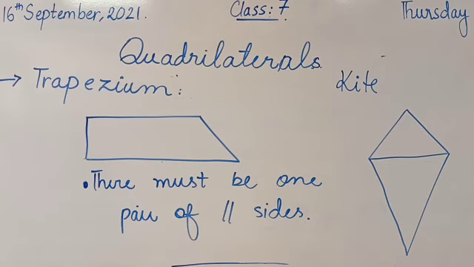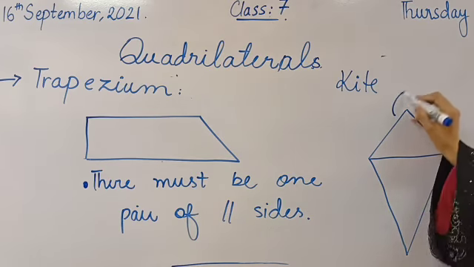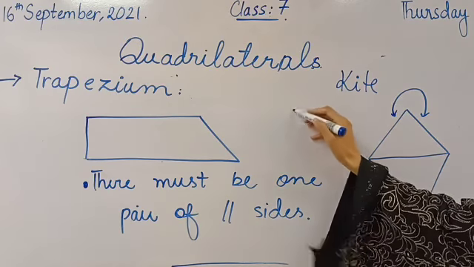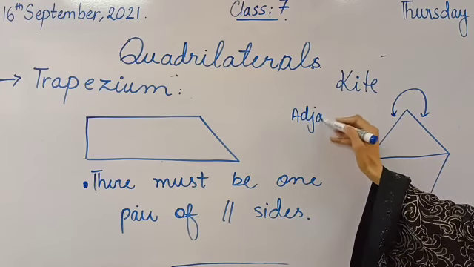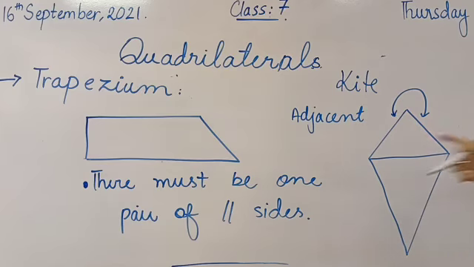Can you say that opposite sides are equal? No. We can easily compare that this is short and this is long. But we can say that the adjacent sides are equal. Adjacent means connected, the next to the other. These two sides are equal. Similarly, these two sides are equal.